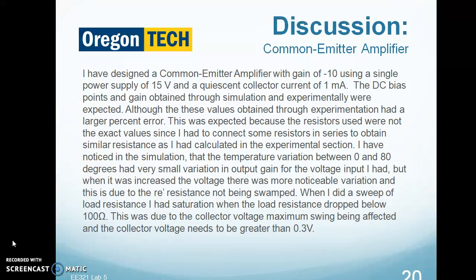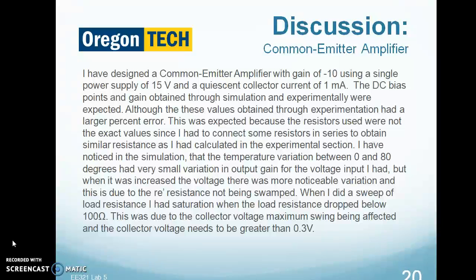Although the values obtained through experiment had a larger percentage error, this was expected because the resistors used were not the exact value, since I had to connect some of those resistors in series in order to obtain the similar resistance that I calculated.